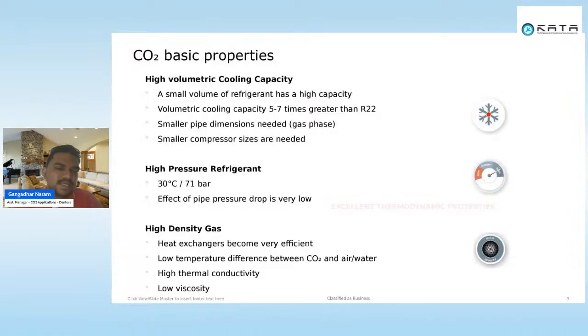So when you are operating at 5 degree evaporation temperature of CO2, by maintaining even a 2 degree delta between CO2 and water, you can get a 7 degree chilled water outlet temperature. So 5 degrees is your CO2 evaporation temperature and 7 degrees is your chilled water temperature.